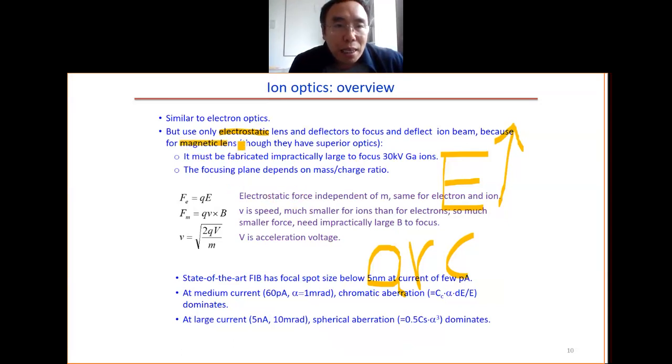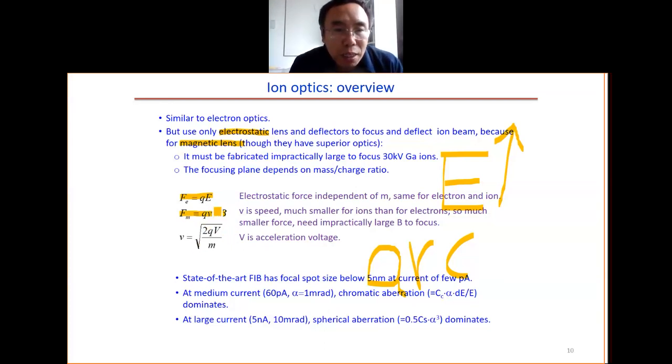But a magnetic lens is not good for focusing an ion beam, because of these formulas. The electrostatic force is given by this formula. As long as the electron and ion have the same charge, the force is the same. But for the magnetic field, the force is given by the Lorentz force.